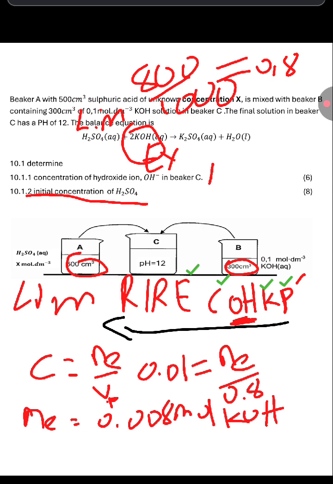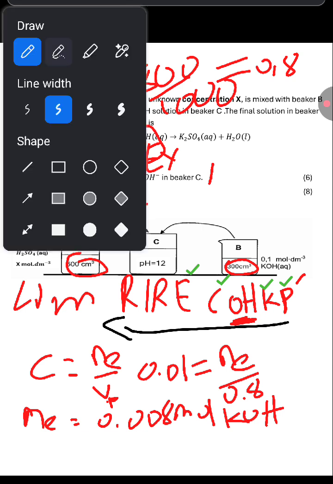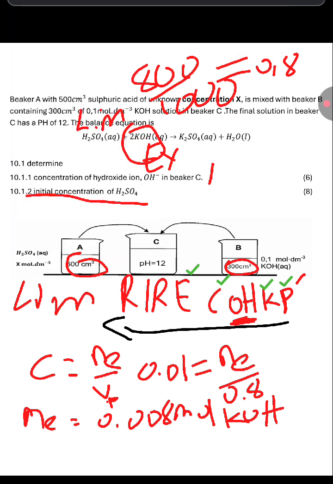Okay, now I also have an initial information about KOH. This is our initial information about KOH. You have this information here, before it is mixed, right?